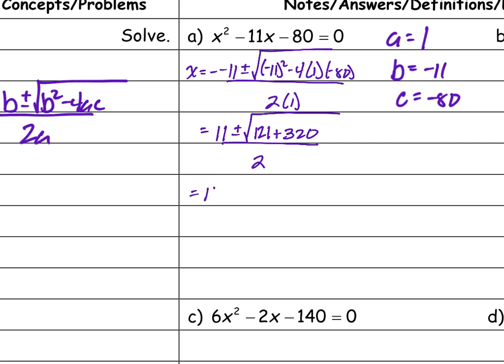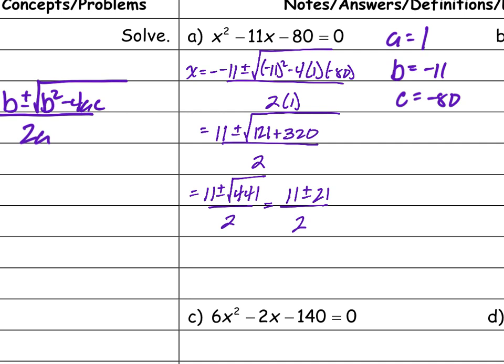Then we've got 11 plus or minus the square root of 441 divided by 2. And that's going to equal 11 plus or minus the square root of 441 is 21. Okay? So 21 divided by 2. So if you put that in your calculator, you'll get a perfect square.